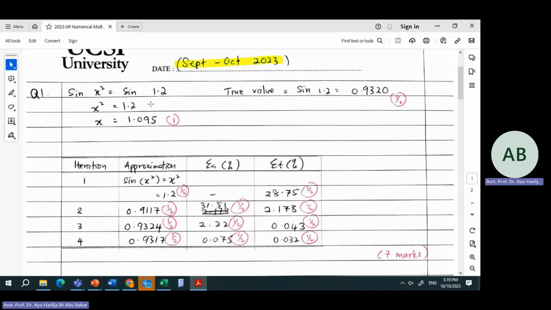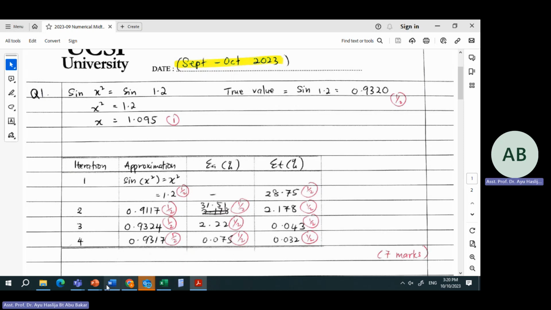Most of you did it wrong on the X value. You know how to do it, but the X value is wrong. That's the trick over there. You need to find the X. I will upload this in CN later. So this is how the mark is distributed. Half mark for each value.